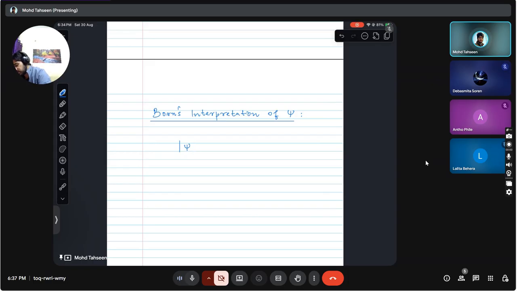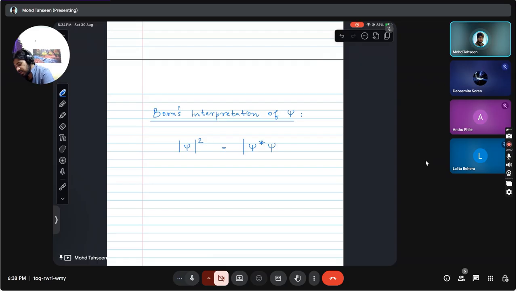So if we take this quantity, which is equal to nothing but, because psi is a complex function, we can talk of its conjugate, right? So whatever is the imaginary part, just negate that, and that will be the conjugate of this wave function.